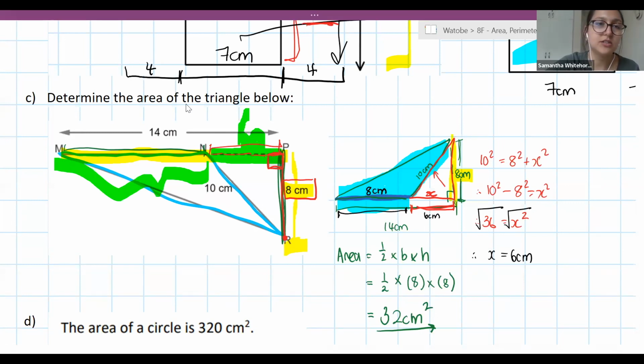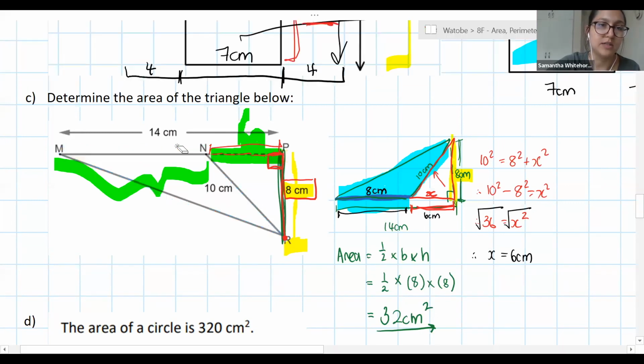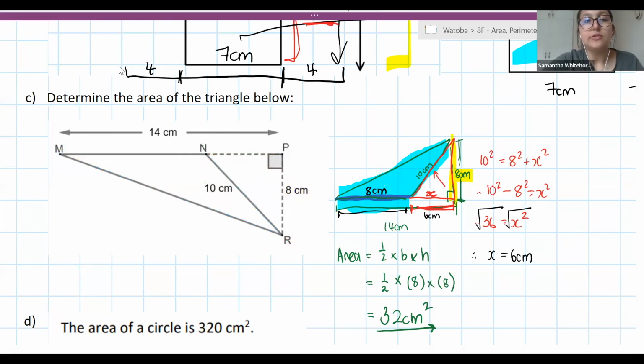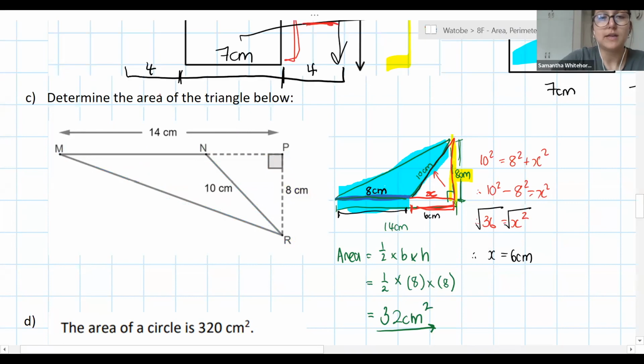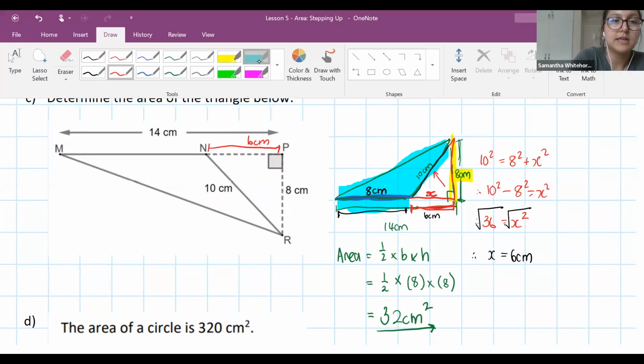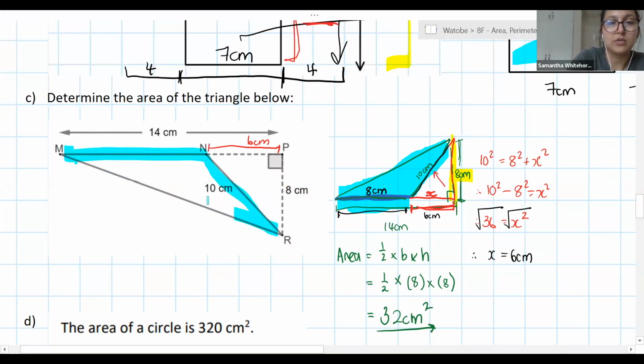Okay, so guys, just to re-explain that, hopefully a little bit neater. We used Pythagoras to work out that this dotted length NP was 6 centimeters. Now, I don't care about that length. That isn't important to me because the triangle I care about is this blue triangle over here.